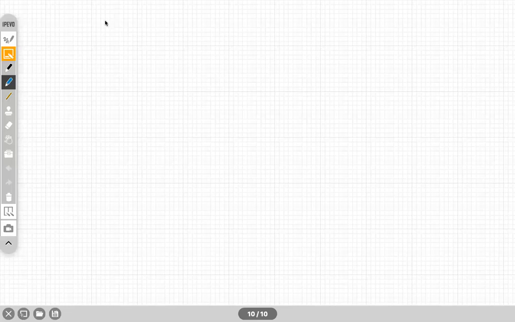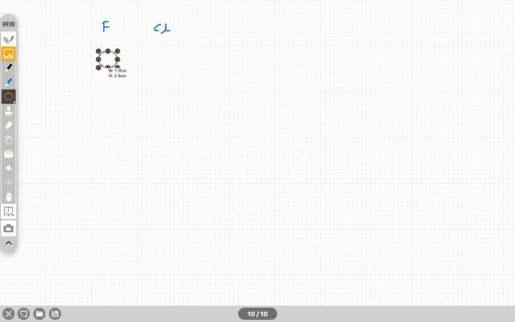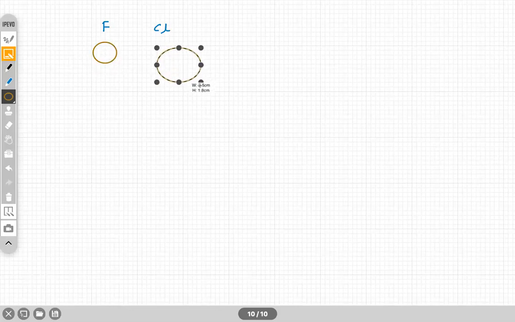Actually, suppose you take an example of fluorine and chlorine. Obviously the size of fluorine is smaller than that of chlorine.